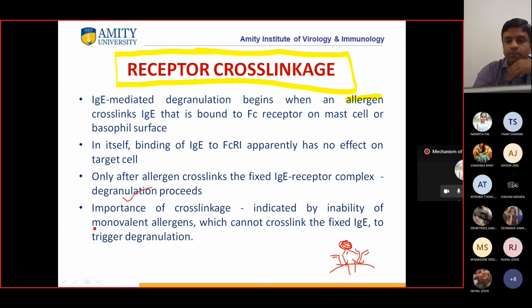Okay, so when the second exposure to the allergen happens, it will obviously come and bind to the Fab region. Okay, and when this allergen binds to the Fab region of the IgE, the degranulation process starts. Okay.